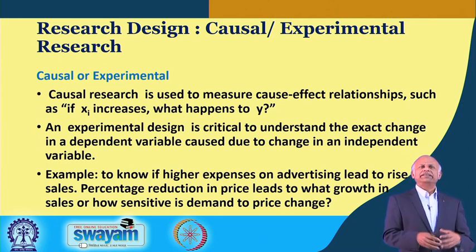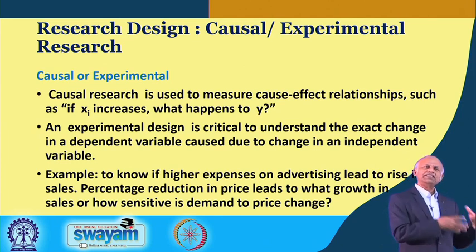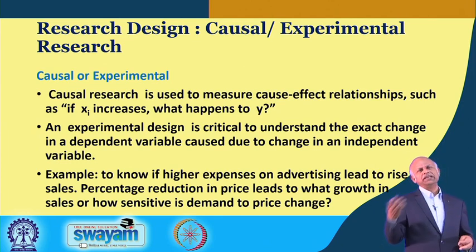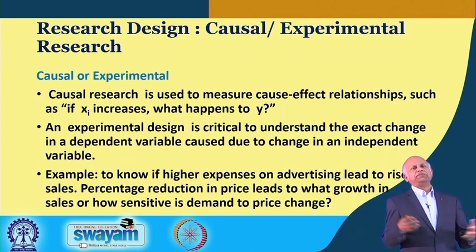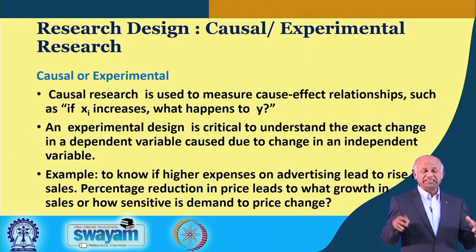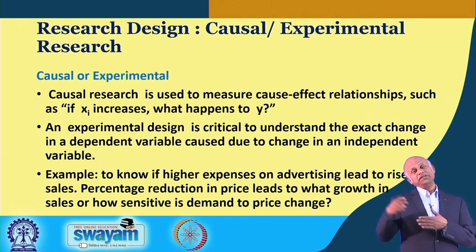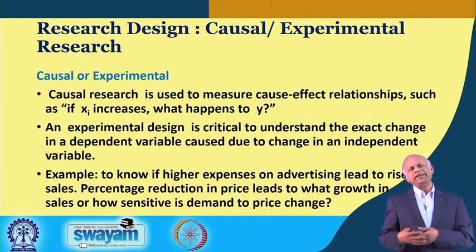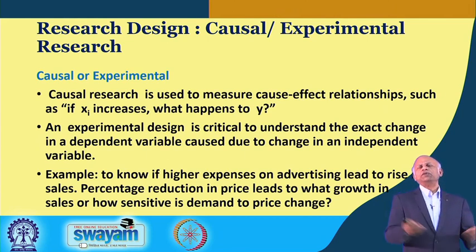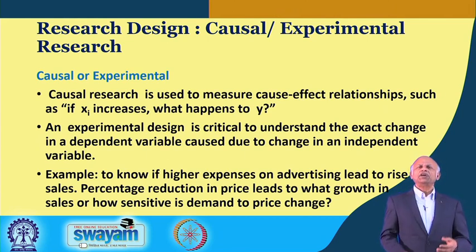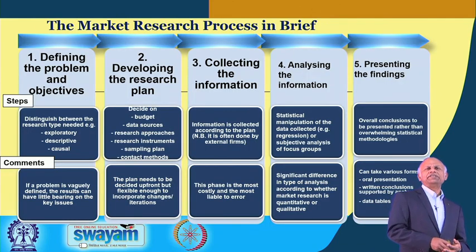That is a causal experiment. So, you change some parameter of your product and see the reaction, and the design is very critical to understand the exact change, because the insight you eventually gain depends on the whole experiment. Like say you spend more money on advertisement, whether the sales is going up, etc.